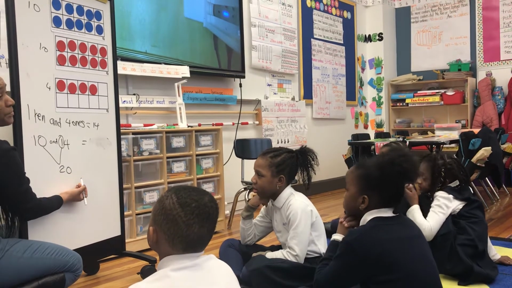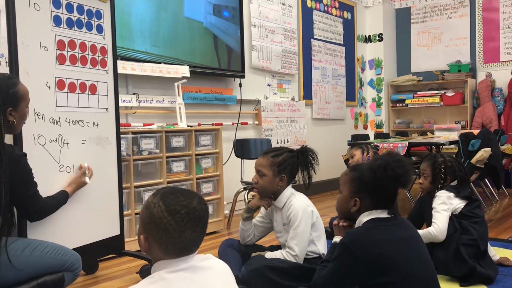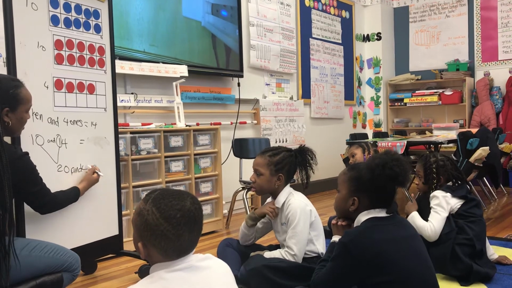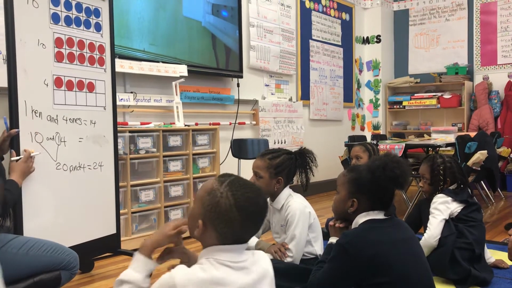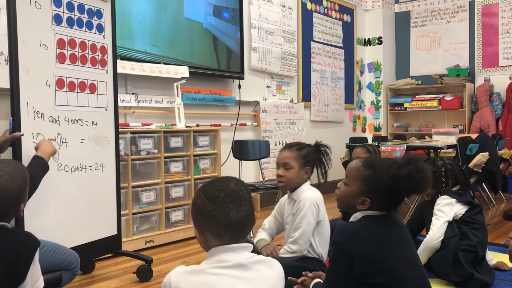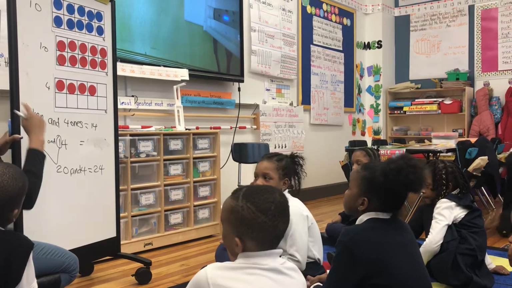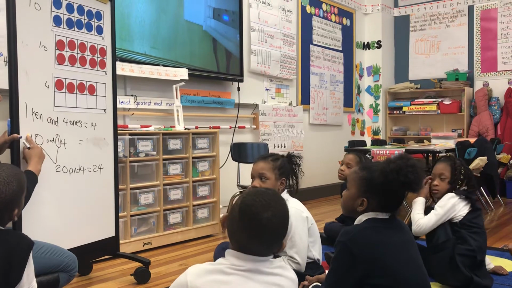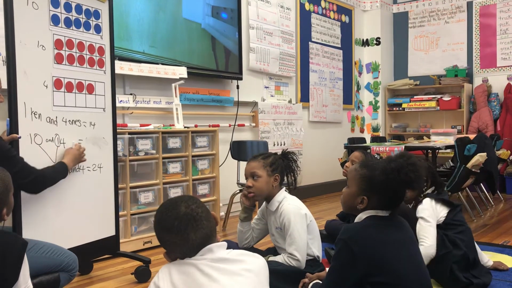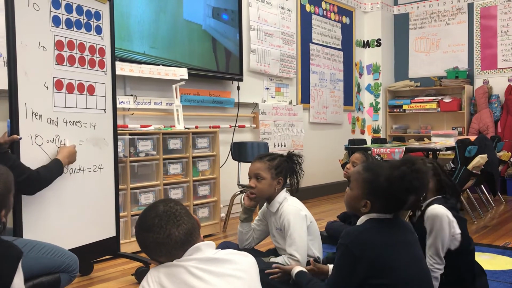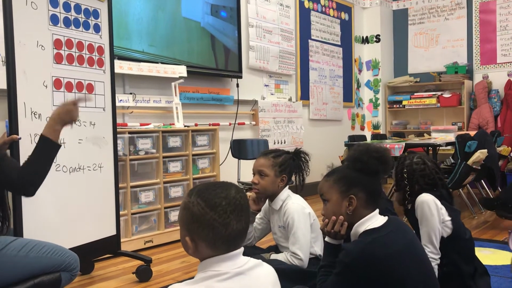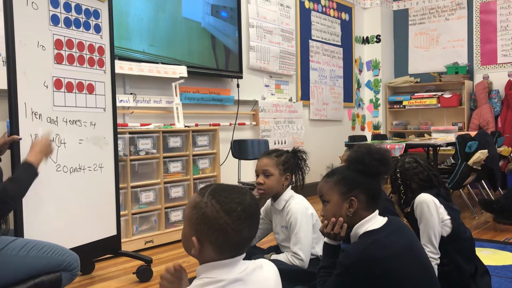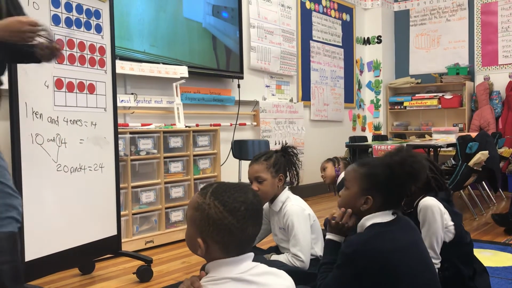And then you have 4 ones. And that makes what you said? 24. So you see why I had to write this down to see your process. Sometimes when you say some things, they don't match what you're saying, but when I put it down, you can see, oh no, I'm skipping something. You got it? Okay, thank you. Good.